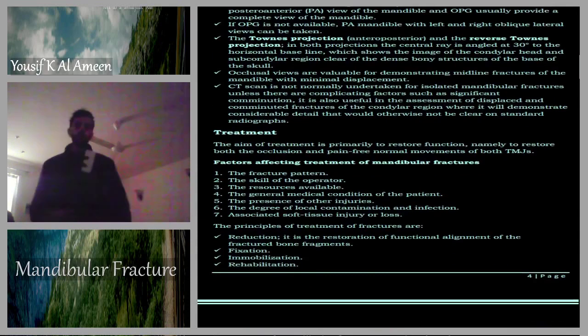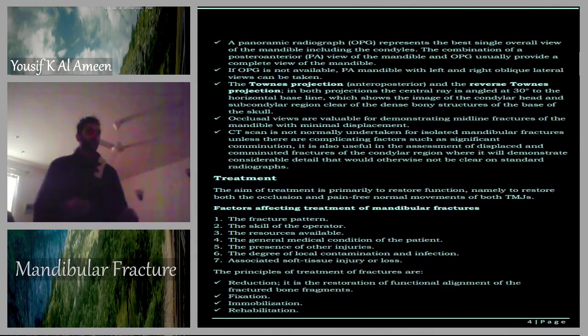What are the types of radiographs? First is the Panoramic Radiograph, OPG, that represents the best single overall view of the mandible, including the condyles. The combination of the posterior anterior view of the mandible and the OPG usually provides a complete view of the mandible.